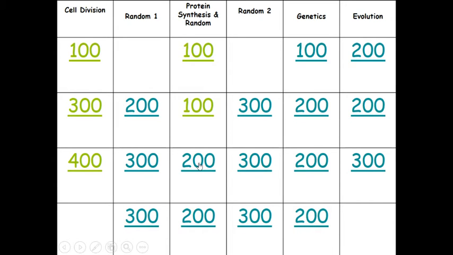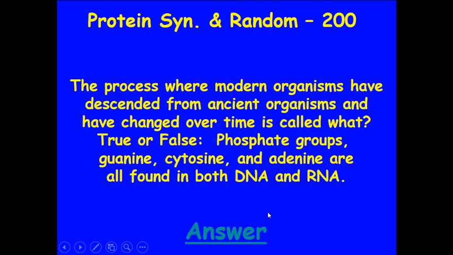All right, here we go. The process where modern organisms have descended from ancient organisms and have changed over time is called what? Phosphate groups, guanine, cytosine, and adenine are all found in both DNA and RNA. True or false?